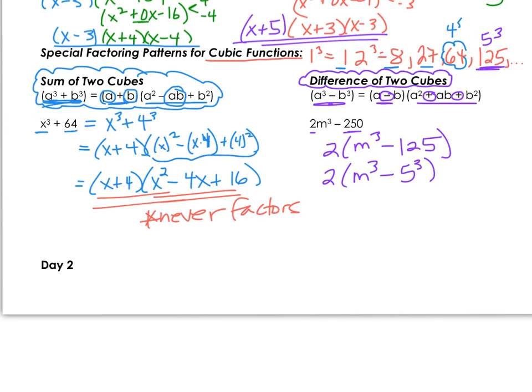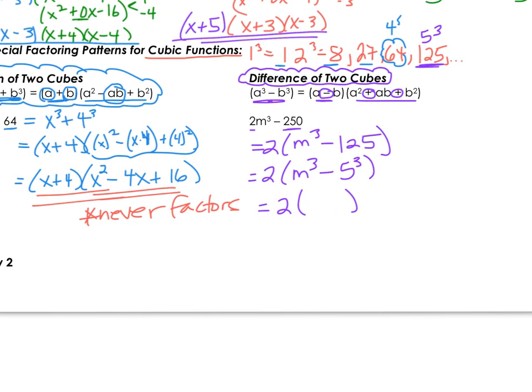As we apply our definition, we're going to have a 2 and then a little parenthesis. And in that little parenthesis, it's just a minus b. So in this case, that's going to be m minus 5. And then in the big parenthesis, we have a squared, which is going to be m squared, plus a times b.